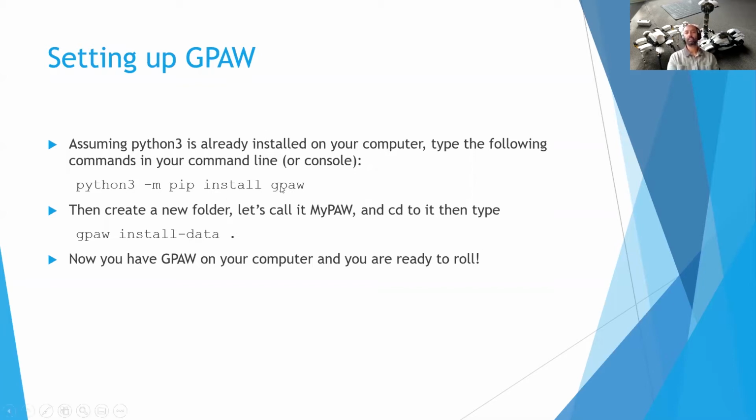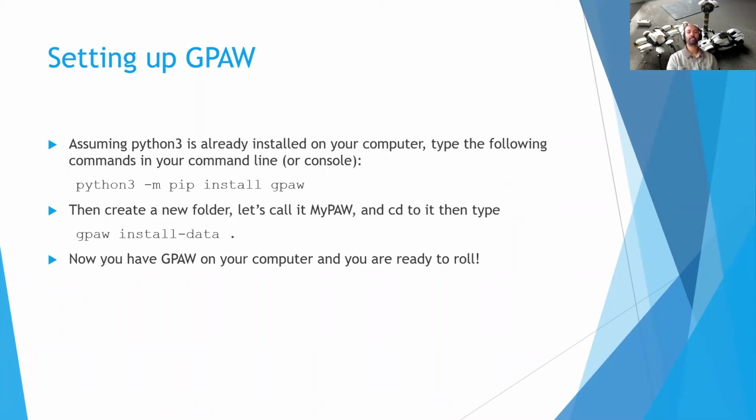And then once you have GPAW installed, you need to install the PAW, or the pseudo-potential files for all the atoms. GPAW is a DFT package, so it represents each atom using a pseudo-potential.